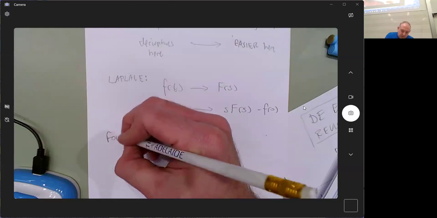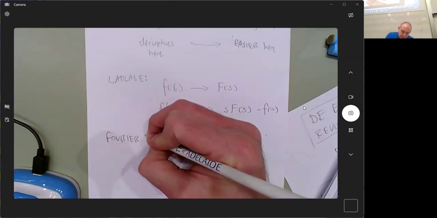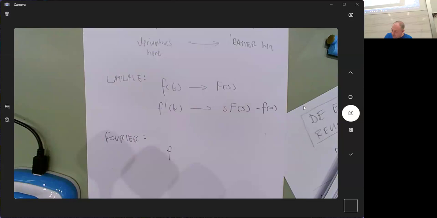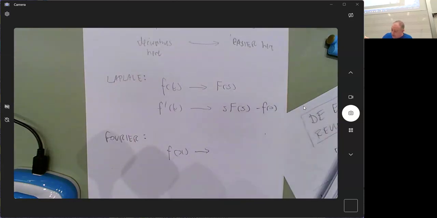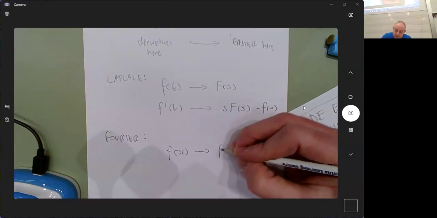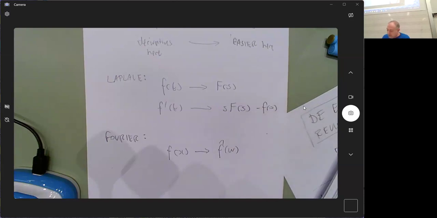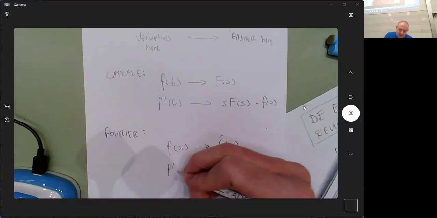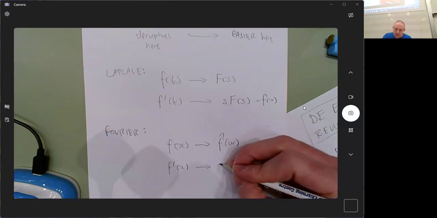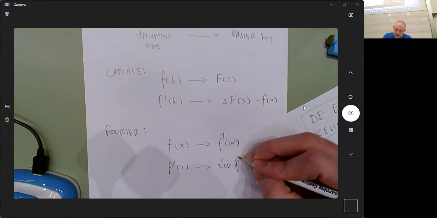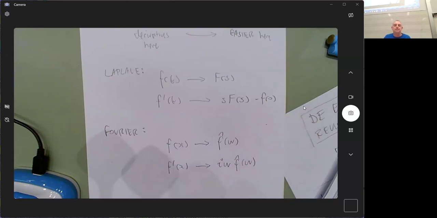So Fourier transform, we have f of x this time becomes f hat of w, and f dashed of x becomes i times w times f hat of w.